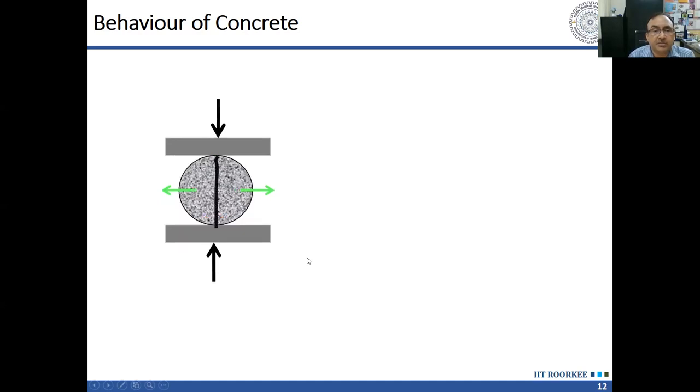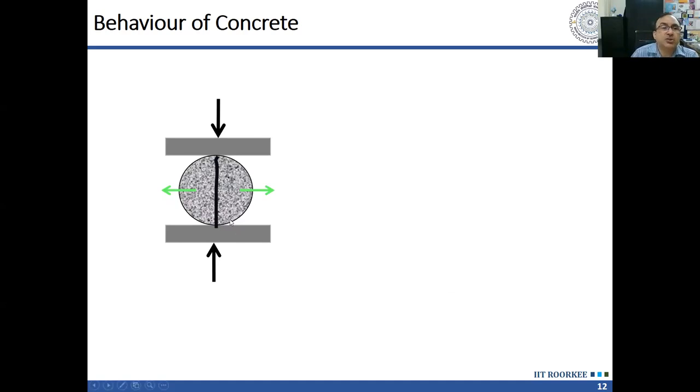Now think of another test which you might have done, which is the split cylinder test. A split cylinder test is done to determine the tensile strength. Although we are applying compressive force, this is failing in tensile action. Why is it failing in tensile action? Because of the Poisson's effect.